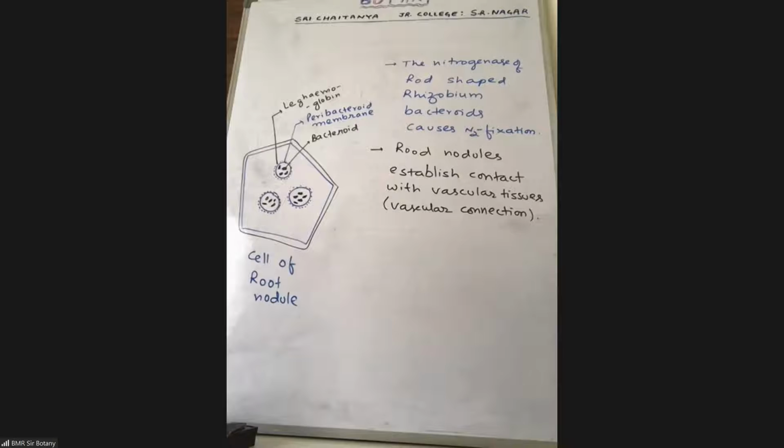Tell me now, what is the ploidy of cells of the root nodule? Polyploids, mostly tetraploids. Then the cells of root nodules are from which part of the host root?